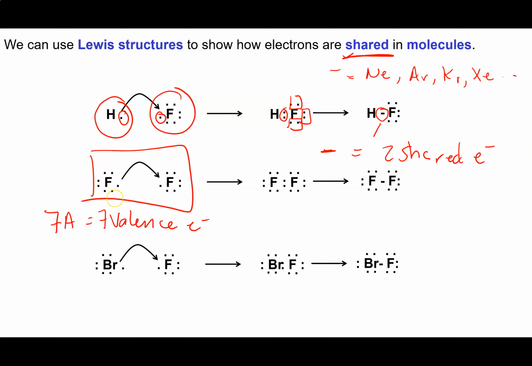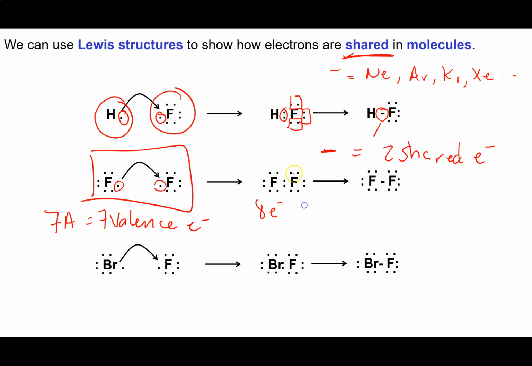We've illustrated that in the Lewis symbol here for fluorine: we've got 7 dots around our fluorine, and one of them is unpaired. If two fluorine atoms come together and share those two unpaired electrons and form a single covalent bond, the net result is that each of the fluorines ends up with a share of 8 electrons, which is a noble gas configuration.